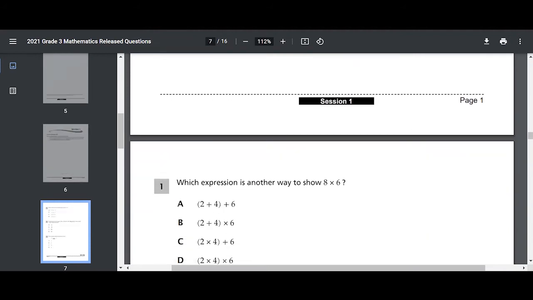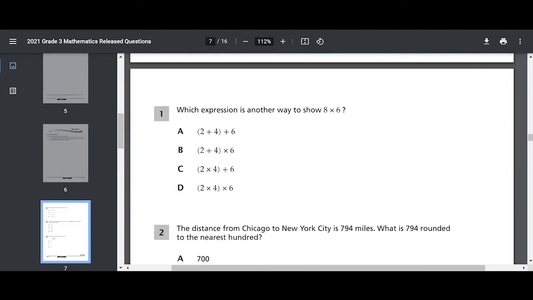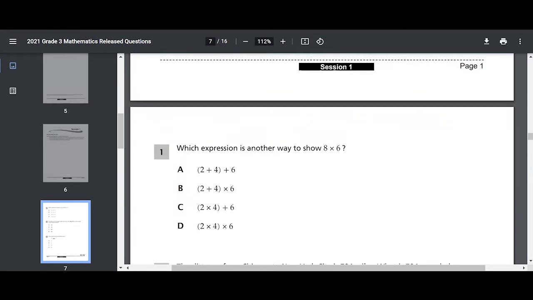We're going to look at question number 1. Question number 1 asks, which expression is another way to show 8 times 6? Since it is multiple choice, we're going to utilize the strategy process of elimination.